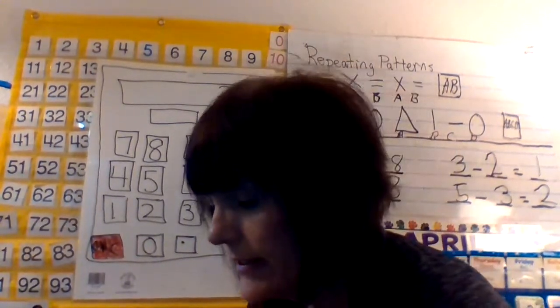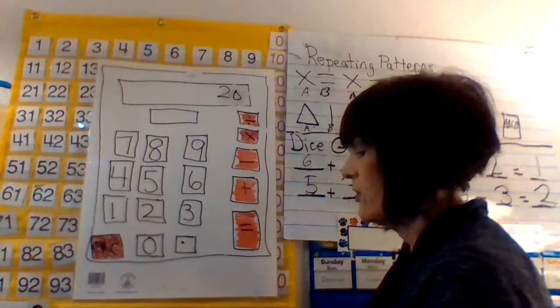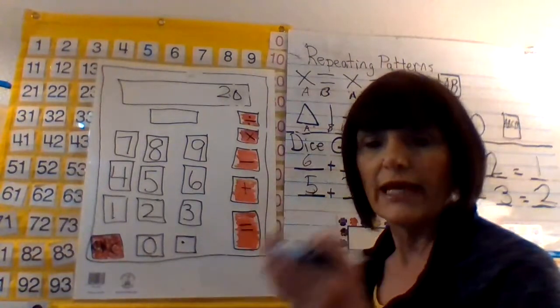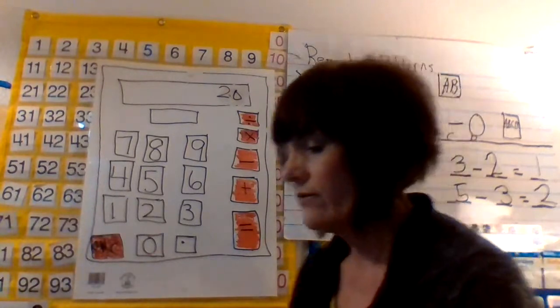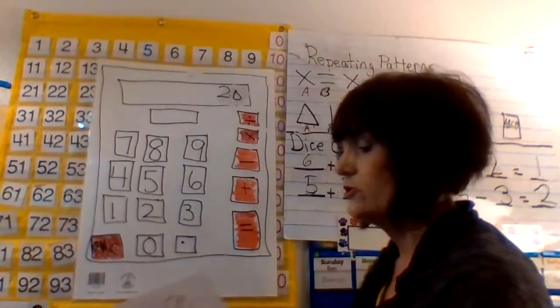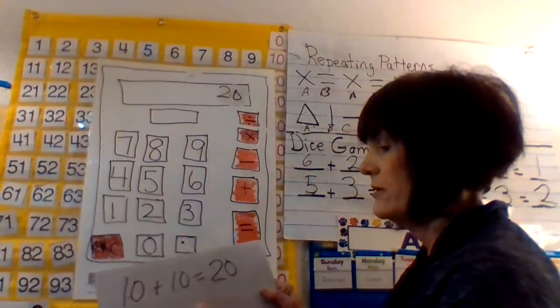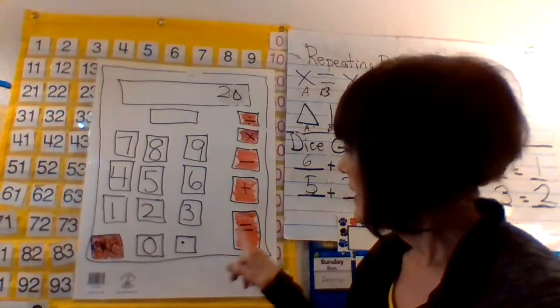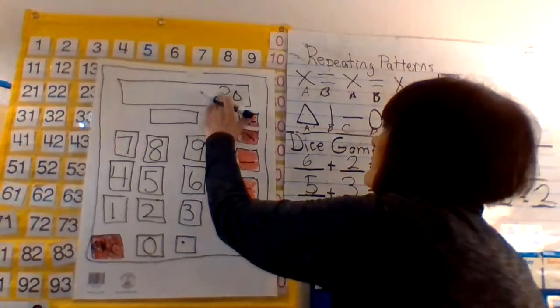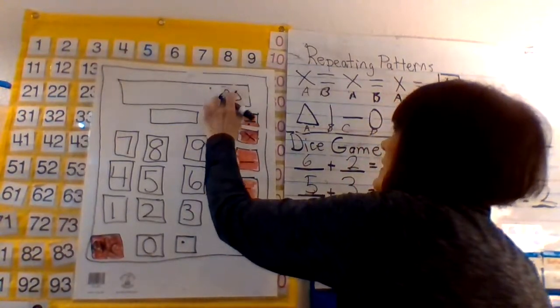Now, to keep going, all you have to do to count by tens is push the equal. So now if you push the equal, you started with 20 plus 10 more equals 30. If you push equal again, you'll have 40.